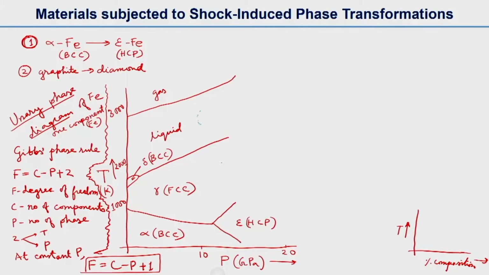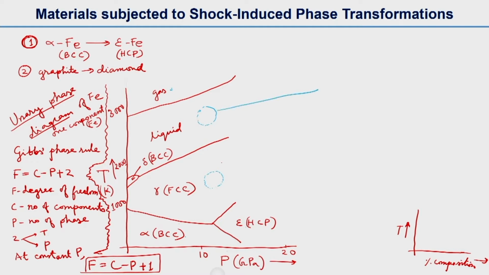First we will see the single phase regions. This is a single phase region where only liquid exists, and here is another where only the gamma phase exists. Similarly the gas region, the alpha BCC region, and the epsilon region are all single phase regions.